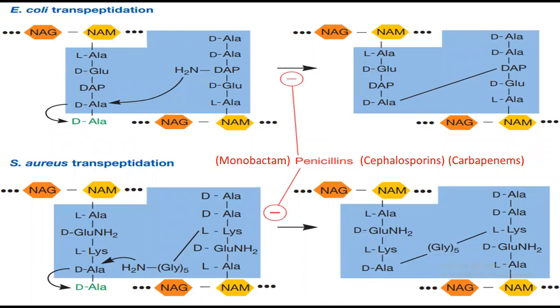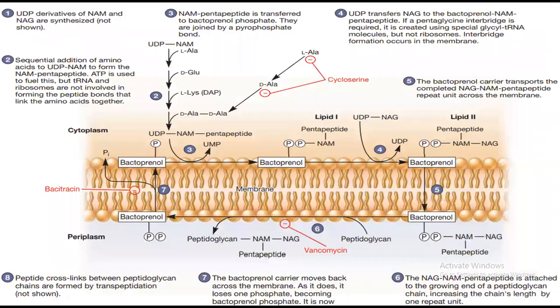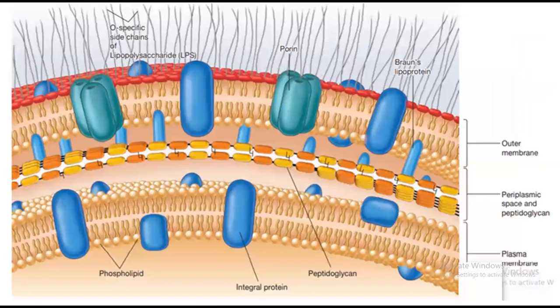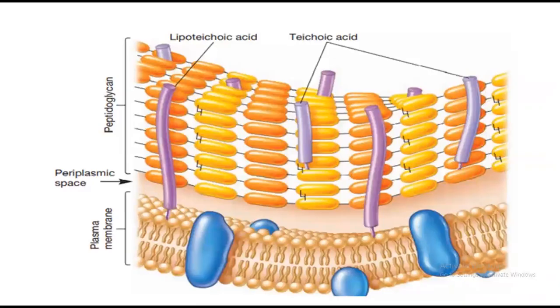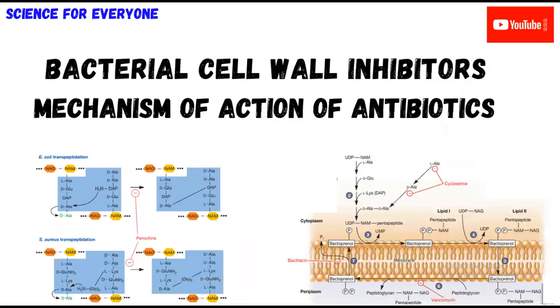So this was all about how these antibiotics stop the biosynthesis of the peptidoglycan layer. Again I'm telling you, if these two layers are not bonded to each other, the peptidoglycan layer will be very weak, and it can be easily destroyed by osmotic pressure and different other external conditions. Hope you have understood how these antibiotics inhibit the biosynthesis of the peptidoglycan layer.